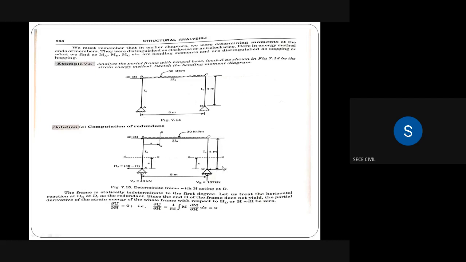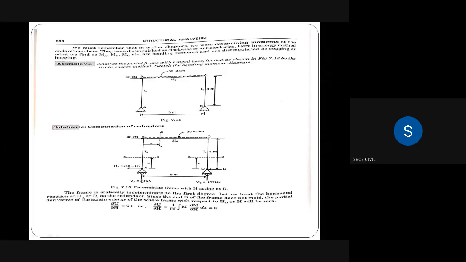One horizontal reaction is considered at joint D and one at joint A. So 40 is equal to horizontal reaction at A plus horizontal reaction at D. Here 40 minus H gives the balancing reaction at A. Finally, H_A plus H at D is equal to 40.